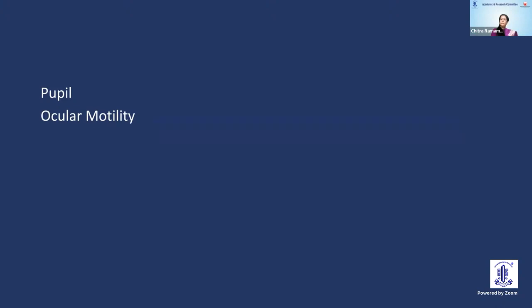However, a lot of times we miss out on the efferent pathway examination of the pupil. Any lesion in the efferent pathway of the pupil gives rise to anisocoria, and that can be a very important telltale sign of an underlying, sometimes serious disorder.